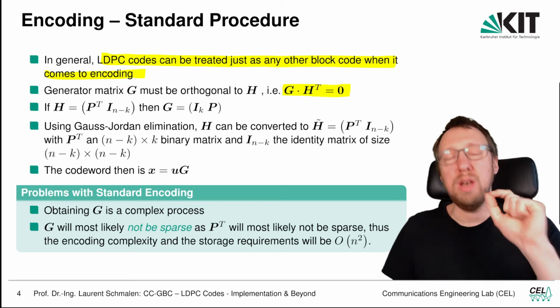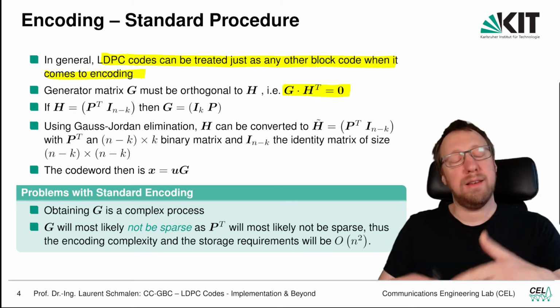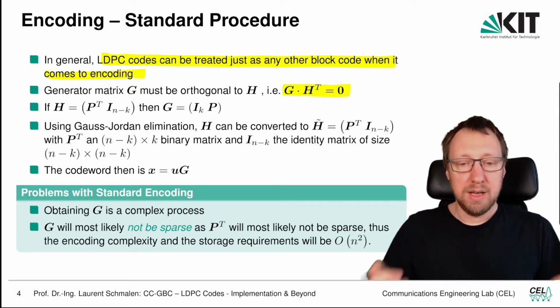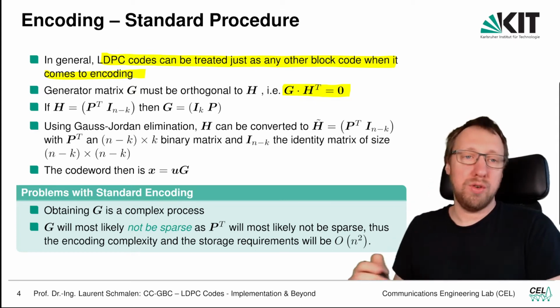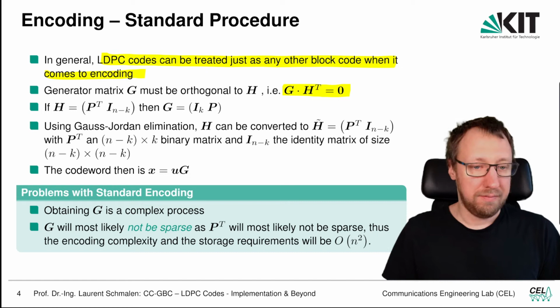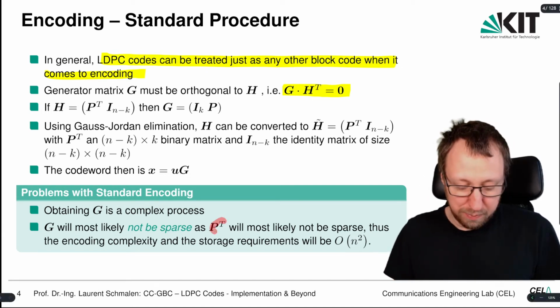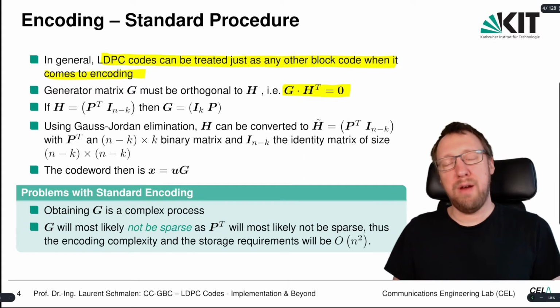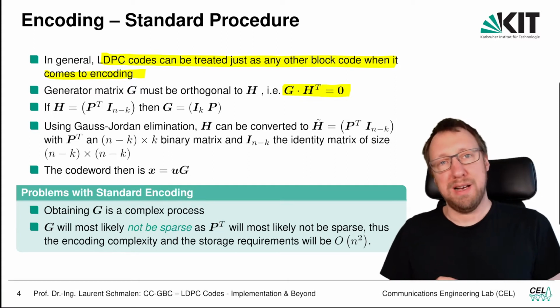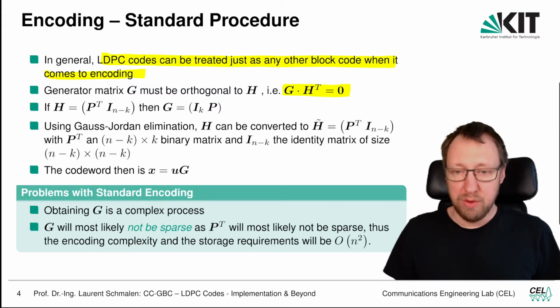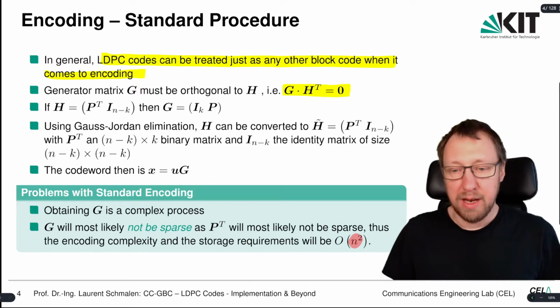So we need to get rid of ones, which means we need to add some rows and replace the other rows. This will introduce new ones, and we need to get rid of those. So this matrix P transpose will, with a very, very high probability, not be sparse. And hence, the coding, complexity and storage requirements will scale with n squared.